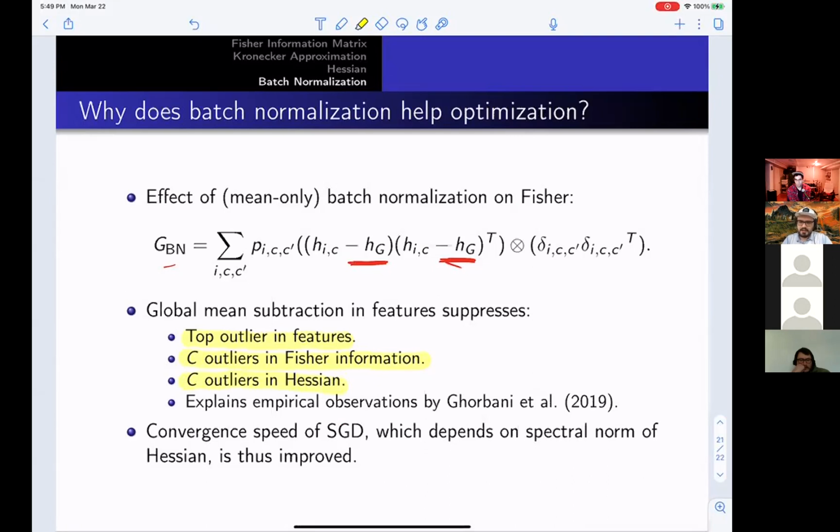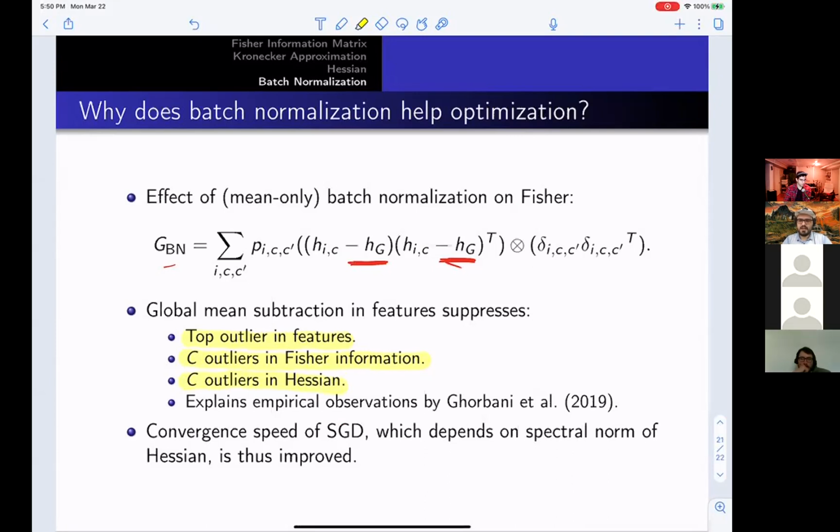It does not mean that, because a batch normalization layer is basically going to subtract the global mean from the features. And so it's not going to eliminate the class means, just the global mean. And the global mean is in some sense insignificant. So it's like removing a part which is insignificant.